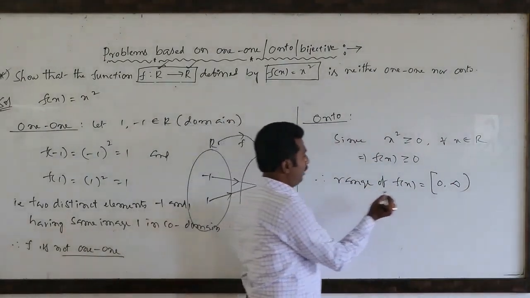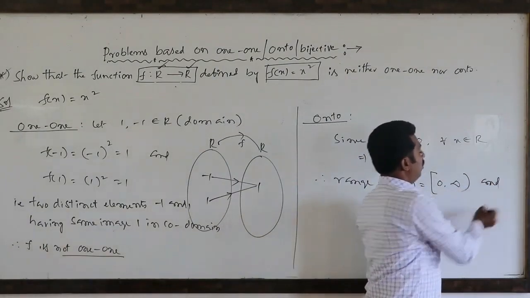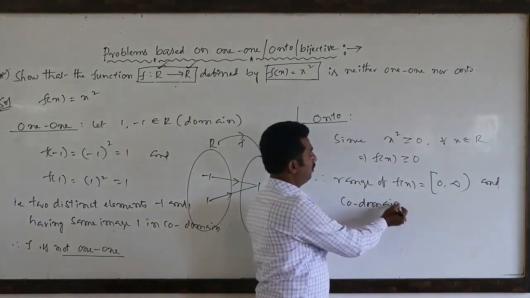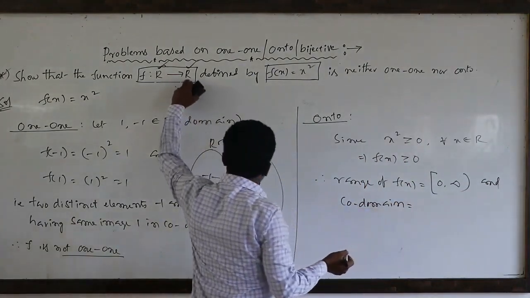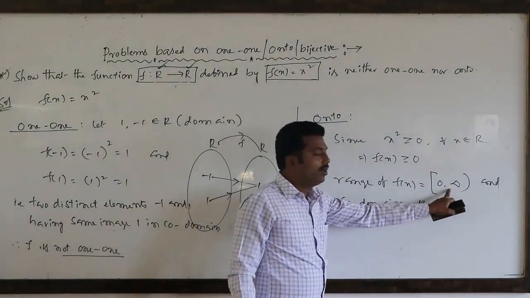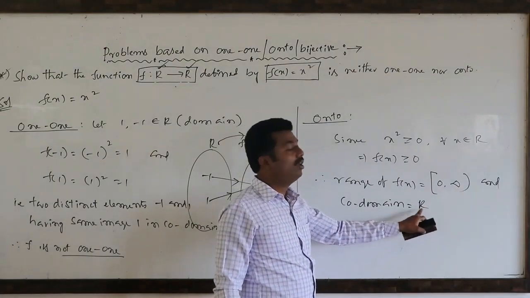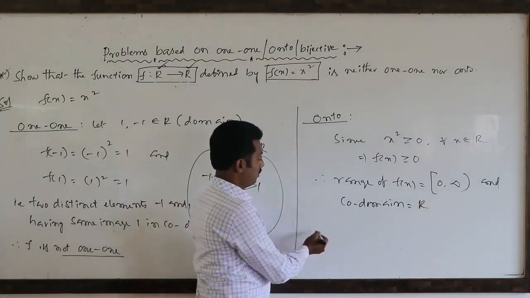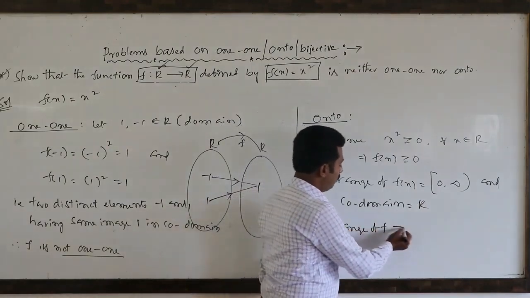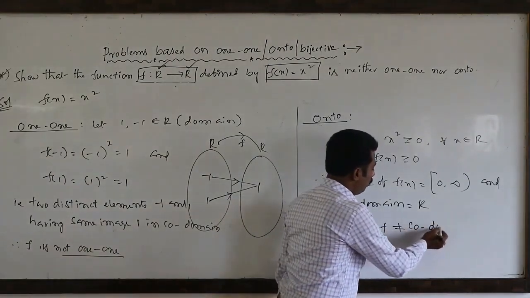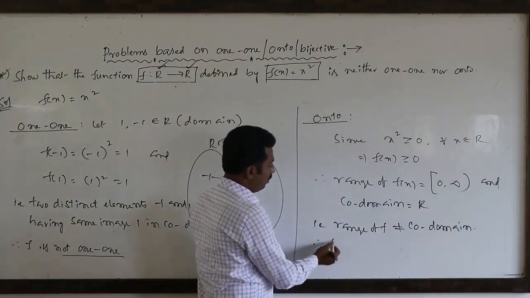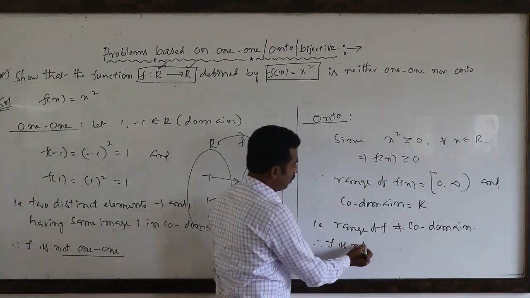What is the codomain? Codomain means the set of real numbers. Very clear, 0 to infinity is only a subset of real numbers, but is not exactly the real numbers. That is, the range of f is not equal to the codomain. Therefore, f is not onto.